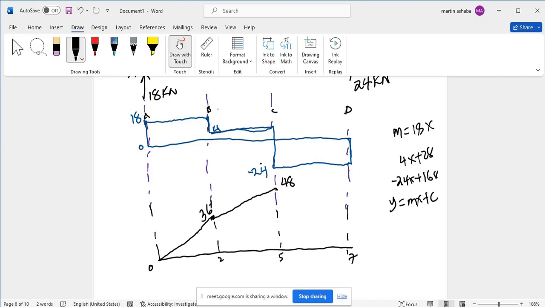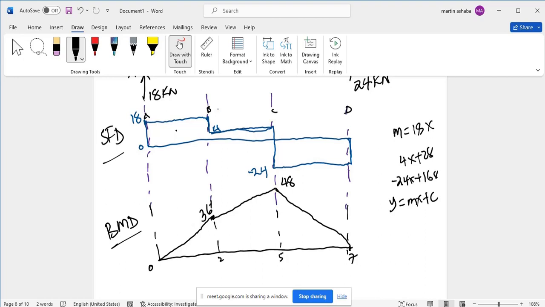Yes, meaning it will be a falling line. So I will draw it from 48 coming to 0. So the bending moment becomes 0. So this is a shear force diagram, and this is a bending moment diagram.